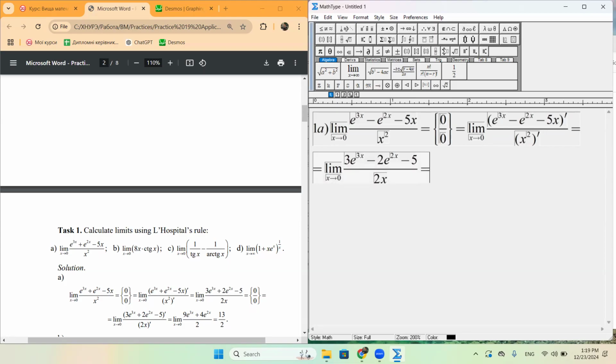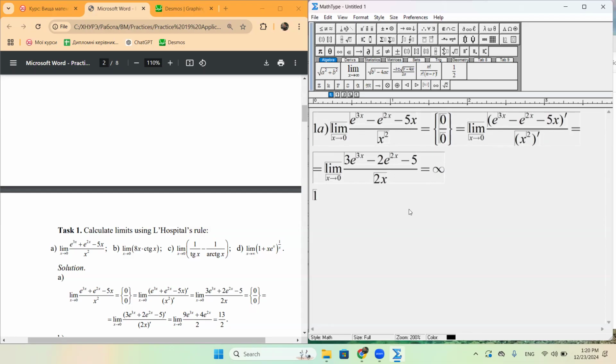So what do we have? 3 minus 2, so 1, minus 5, so minus 4, and divided by 0, it is actually infinity. So any questions about this task? It is quite simple.